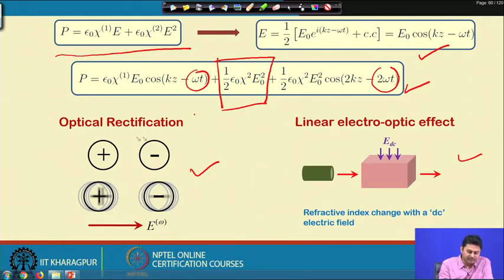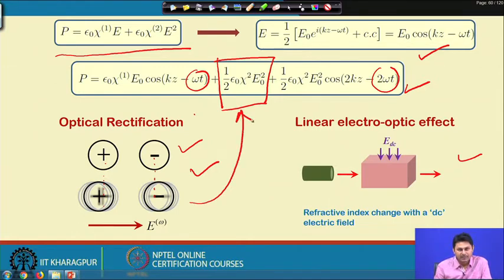The first one is a case where the launched electric field does not have any frequency component. Now if we introduce a frequency component, both charges start vibrating, and there is an effective displacement from this position. If I draw a line in both cases, you will find there is an effective displacement of both the charges. This effective displacement is basically due to this DC term.